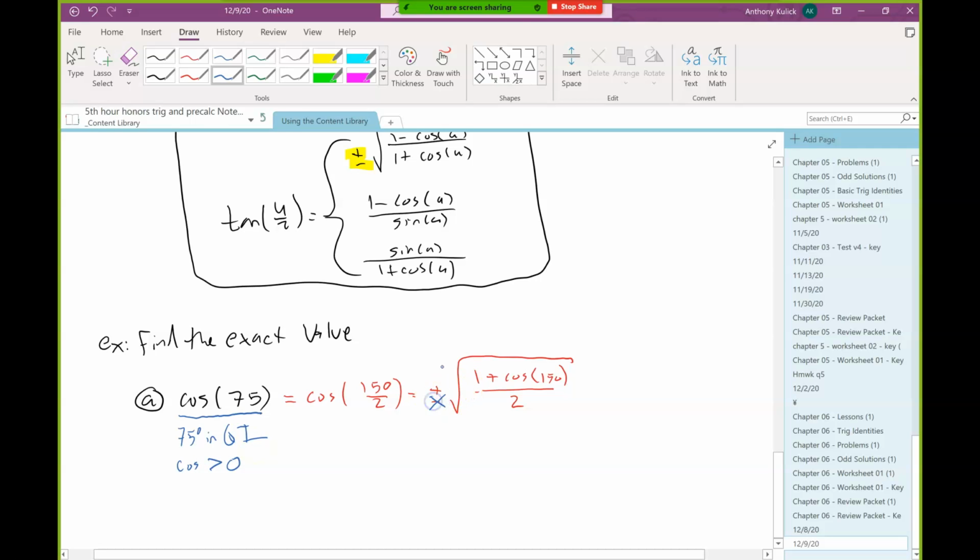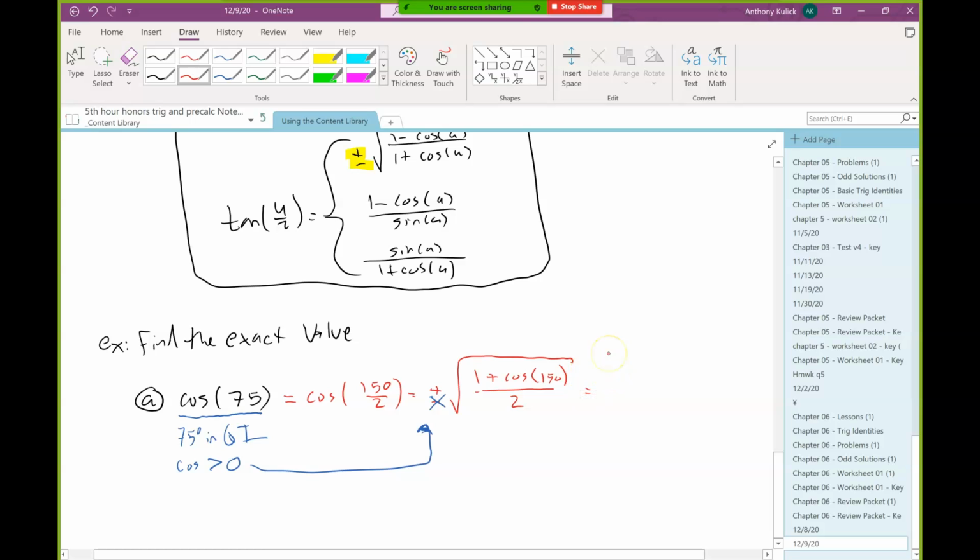So I know I'm going to be getting the positive version of this plus or minus answer. I'm just going to use the original statement, look at what quadrant the angle is in, and use what I know about sine, cosine, tangent, etc. to decide whether the answer should be positive or negative for that quadrant.